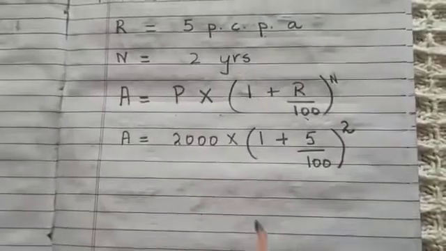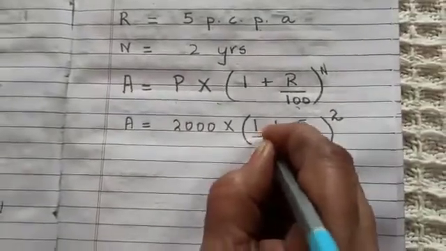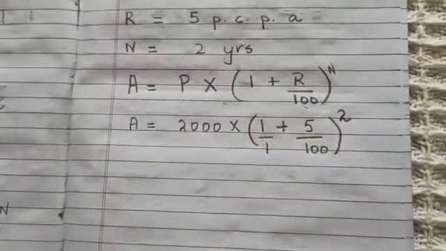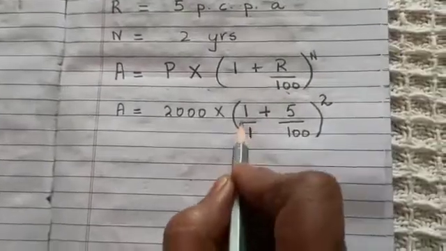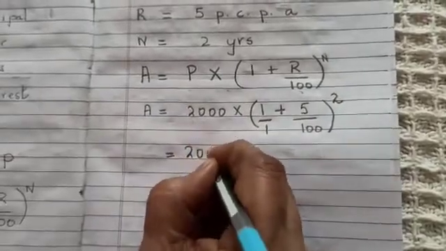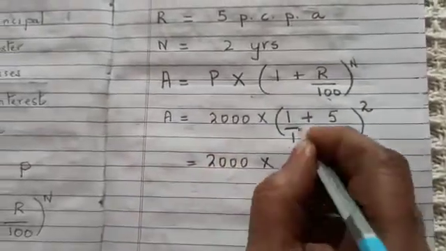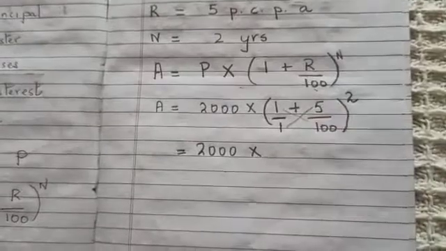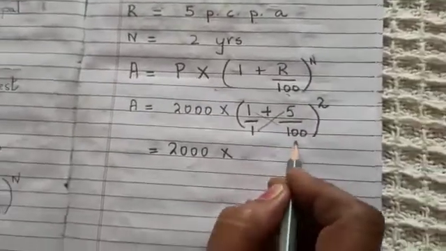Now solving this, we put the denominator for 1 as 1. Let's solve this. So that is equal to 2,000 multiplied by, we have to cross multiply because you have to equalize the denominators.